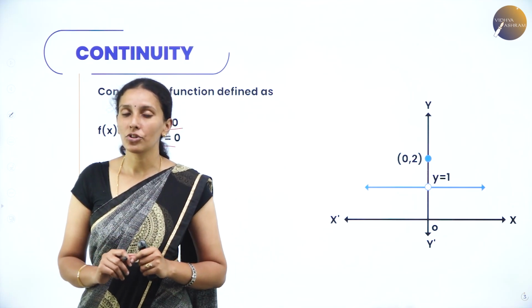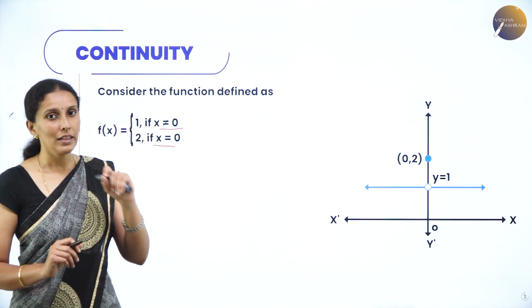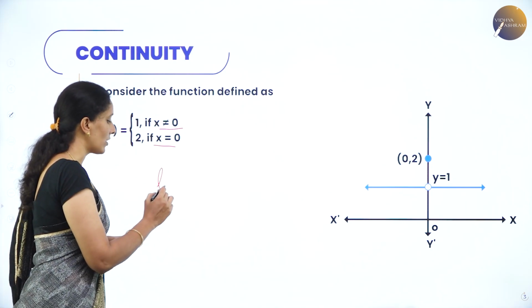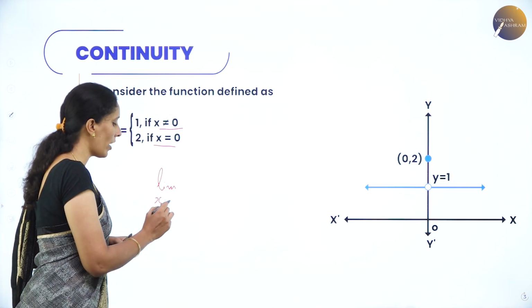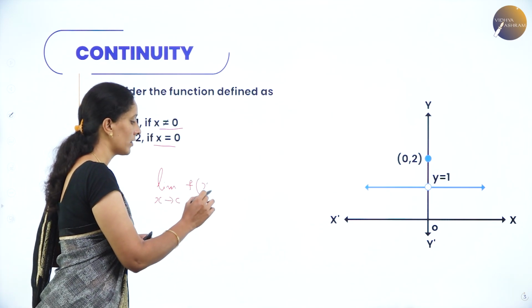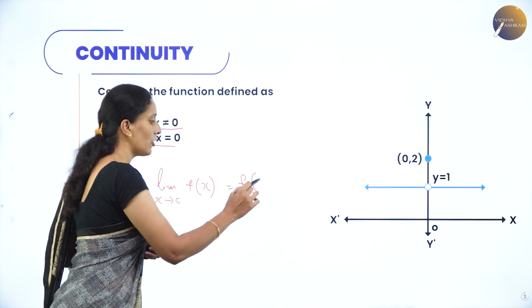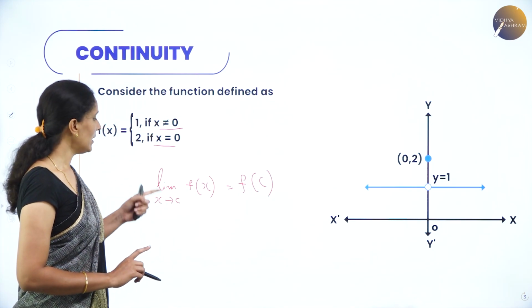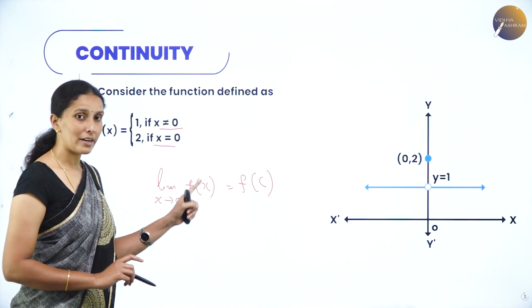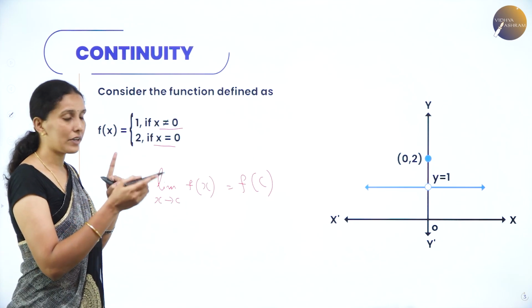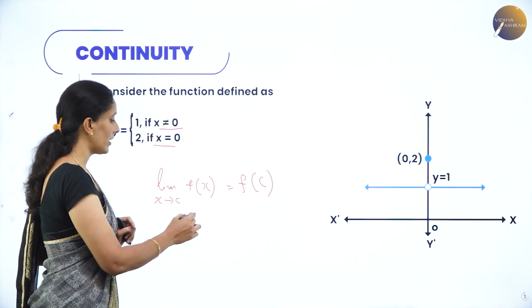The other definition for the continuous function in the form of a limit is: whenever the limit of a function at the point c, f of x, is equal to the value of the function, then we say it is a continuous function. But here, the left hand limit as well as the right hand limit at x is equal to 0, that is, behind 0 and after 0, the value of the function is 1.